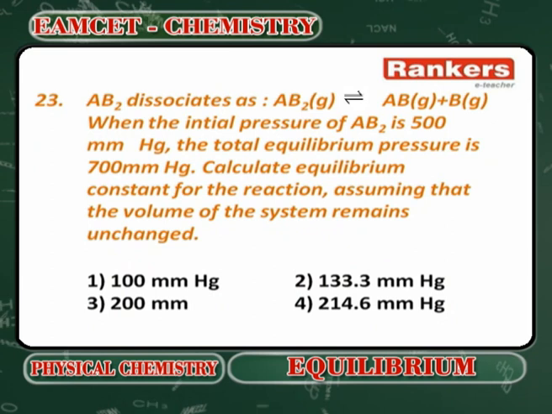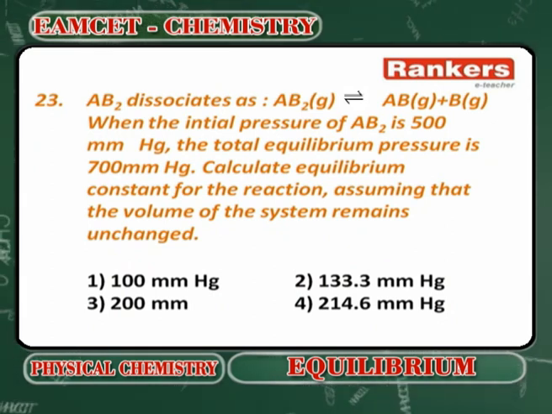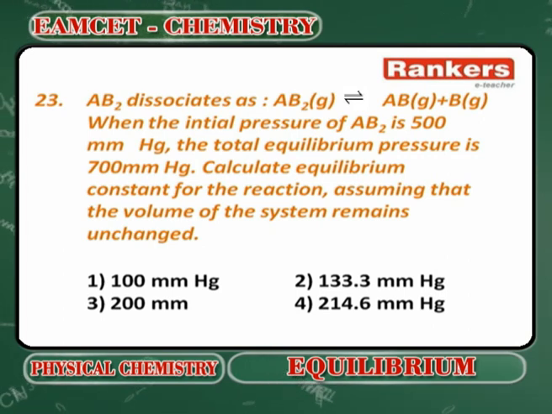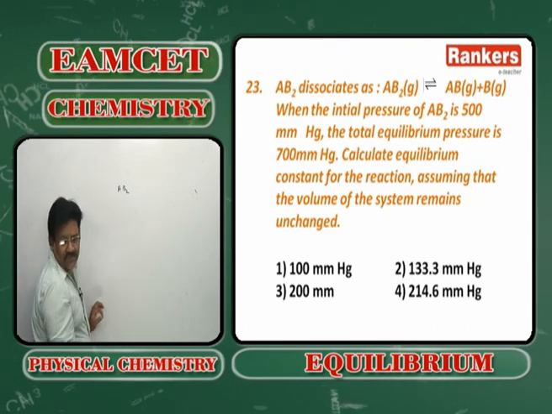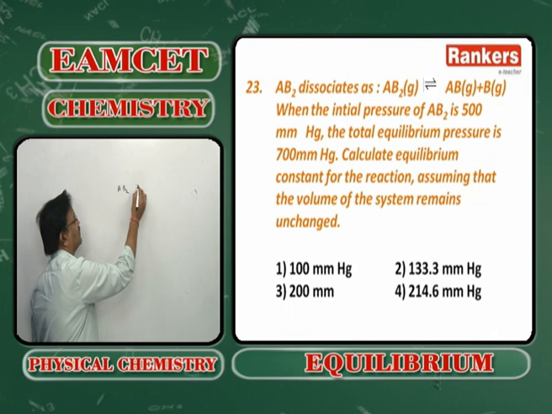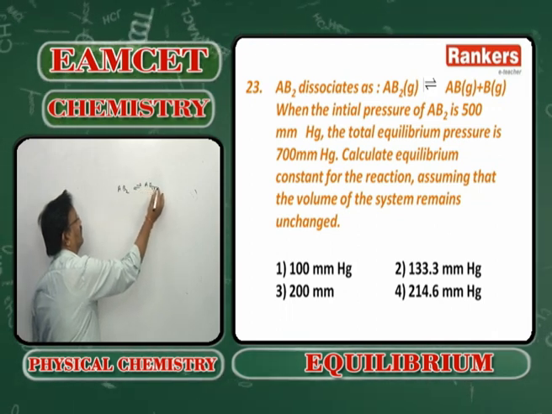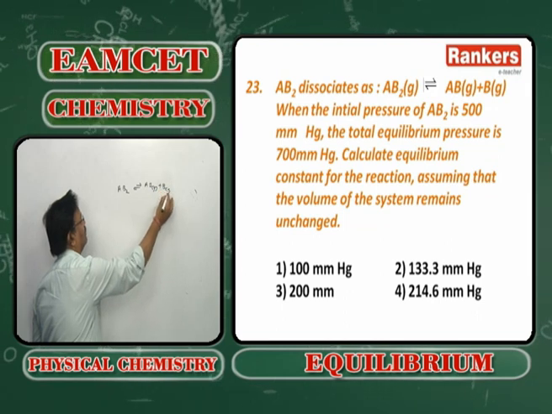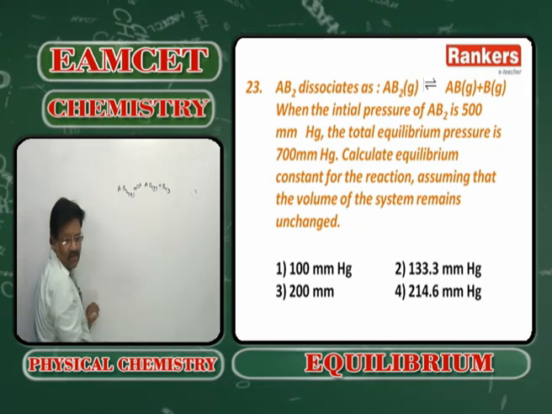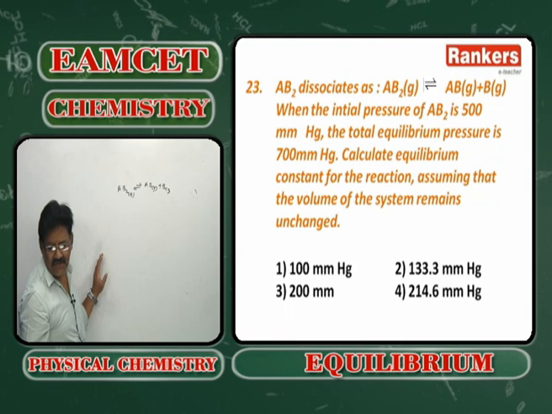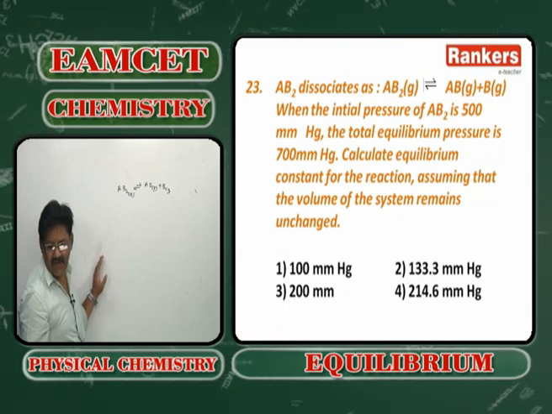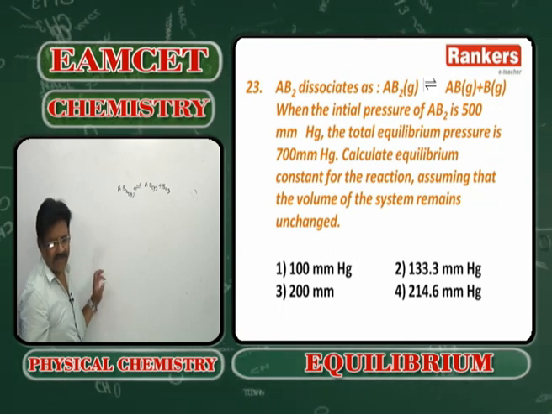Next, AB2 dissociates into AB plus B. What is the initial pressure? 500.